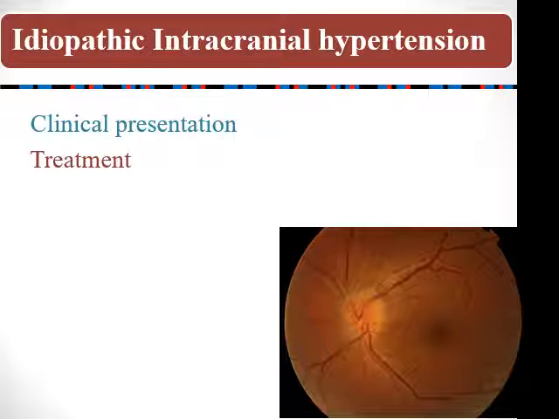They present with a typical picture of papilledema. So, other causes of papilledema should be excluded before a diagnosis of idiopathic intracranial hypertension is made. It's a disease of exclusion.